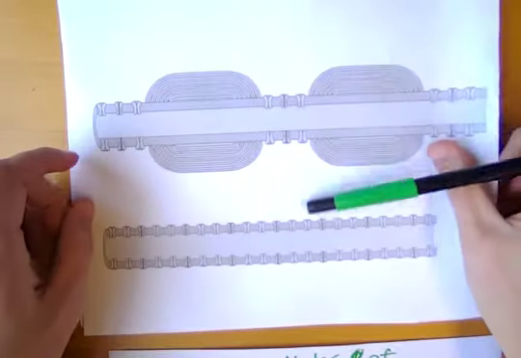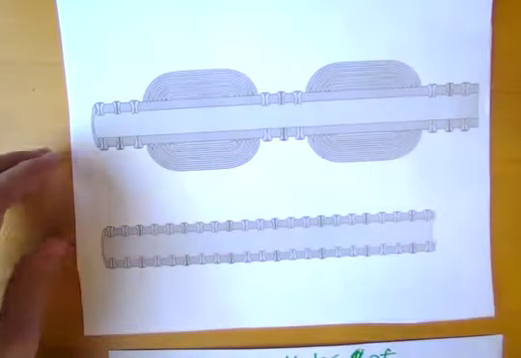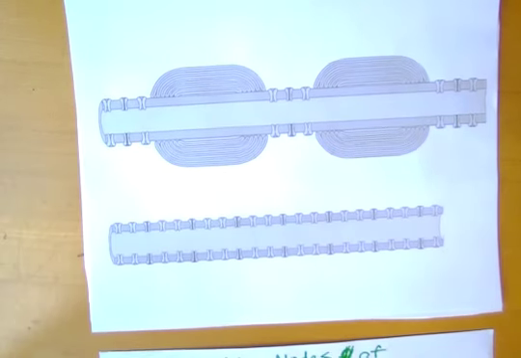Now, how about us? How about humans? Do we have any special adaptations? Indeed we do. Myelin sheaths. Our neurons are myelinated.